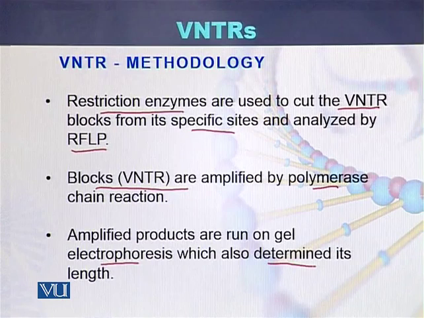So if we summarize the methodology, restriction enzymes are used to cut the VNTR regions, these blocks are amplified with polymerase chain reaction, and they are run on the gel to determine the length of these blocks or VNTRs and the variation between different individuals.